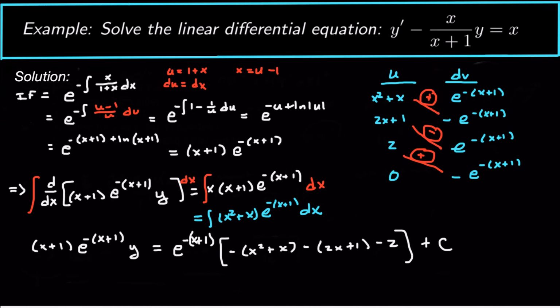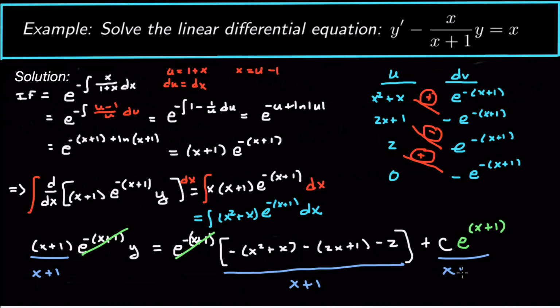What we're going to do is go ahead and cancel, may be the wrong word. I'm going to multiply both sides by this term, which means I'm going to get an e to the positive x plus 1 here. And then I'm going to divide both sides by this x plus 1 right here. And I'll also do a little algebra here.